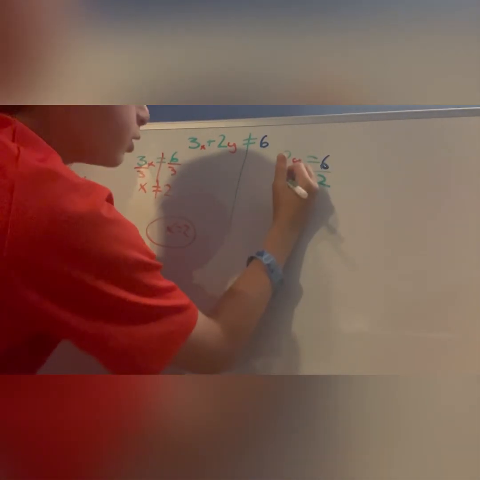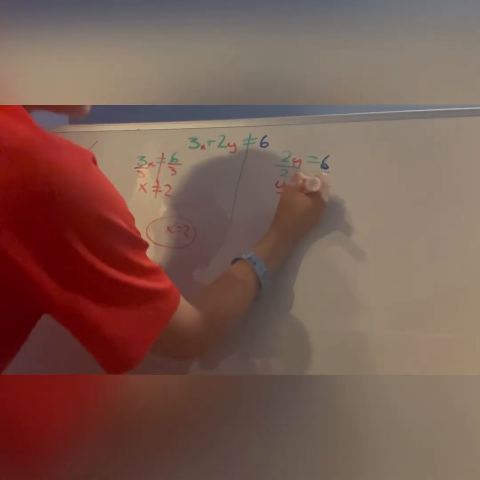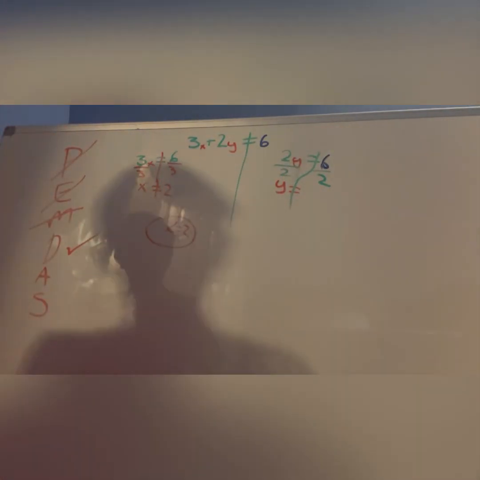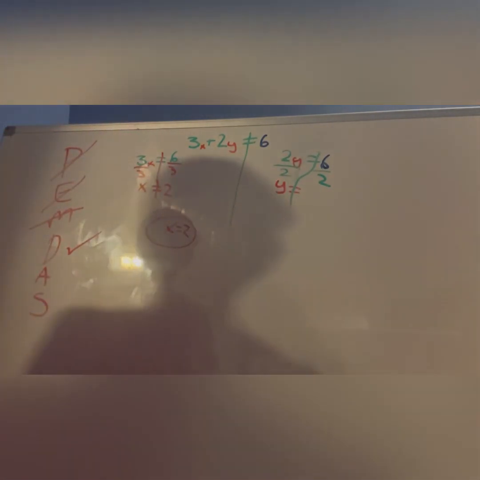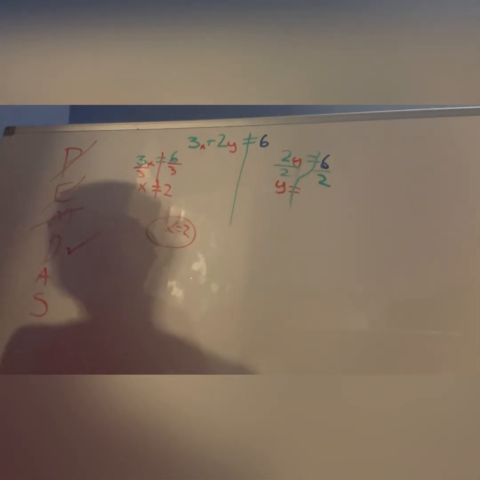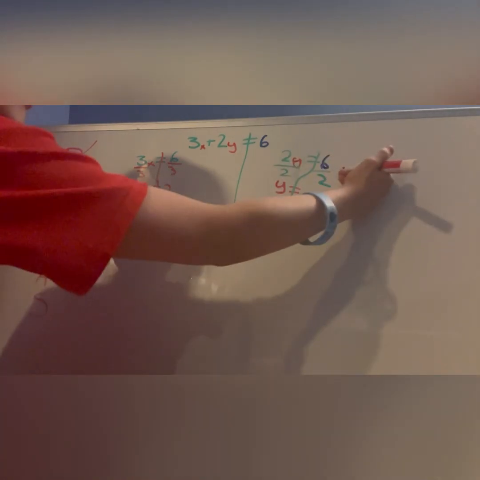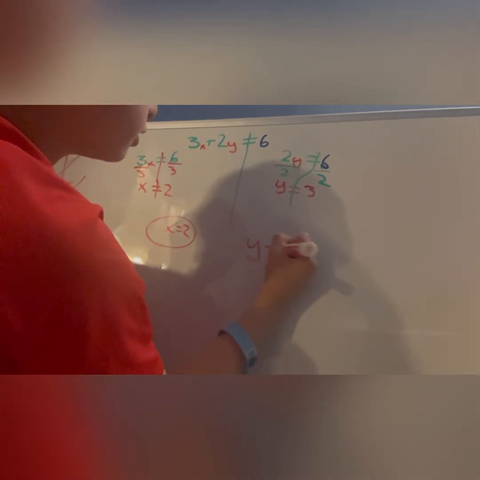So y equals 6 divided by 2. Let's say Timmy has 6 apples. He has 2 friends, and he wants to give each one the same amount. So 6 divided by 2 is 3. So we got y equals 3.